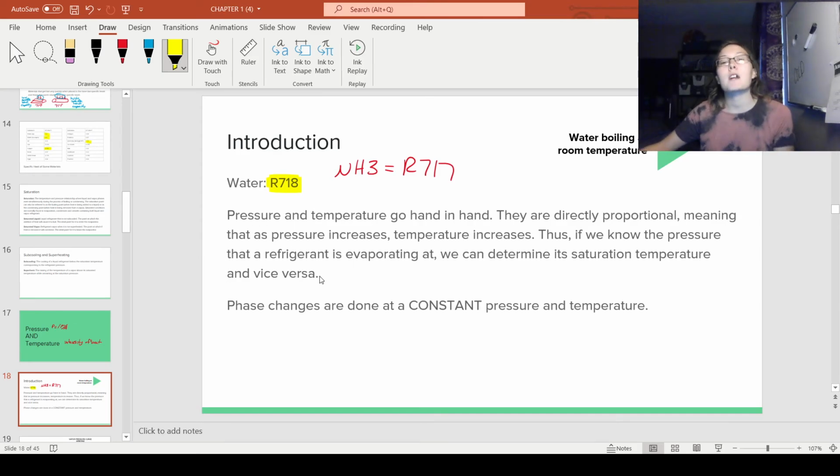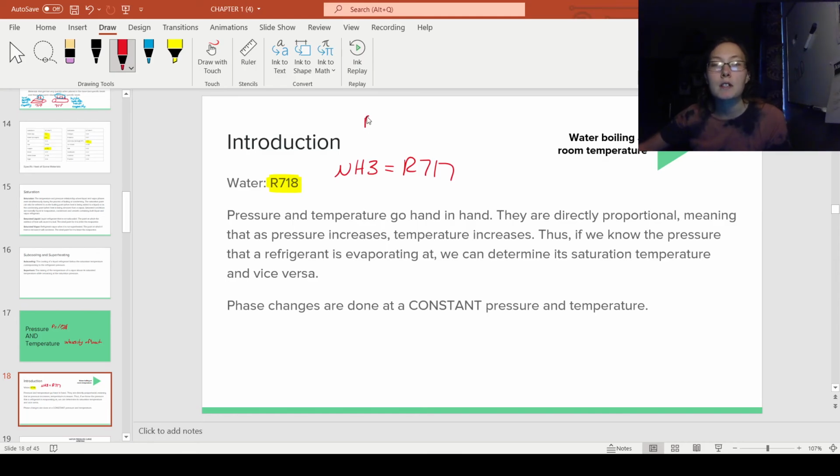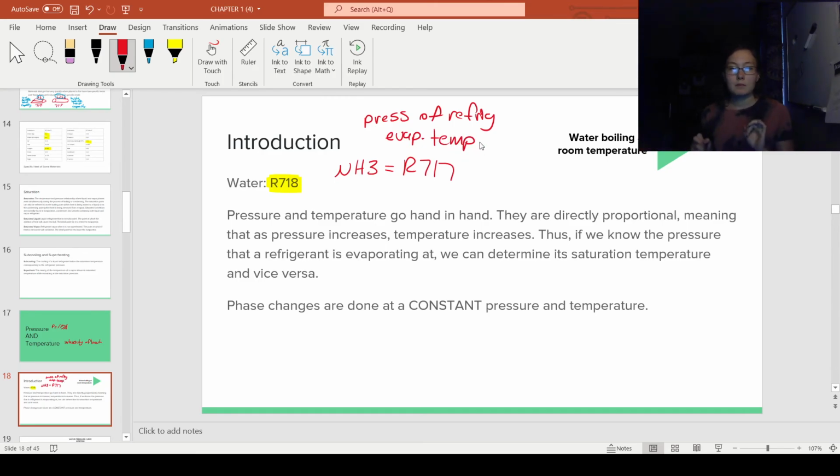Thus, if we know the pressure that a refrigerant is evaporating at, we can determine its evaporating temperature and vice versa, okay? So the pressure of a refrigerant directly affects the evaporating temperature. Okay?